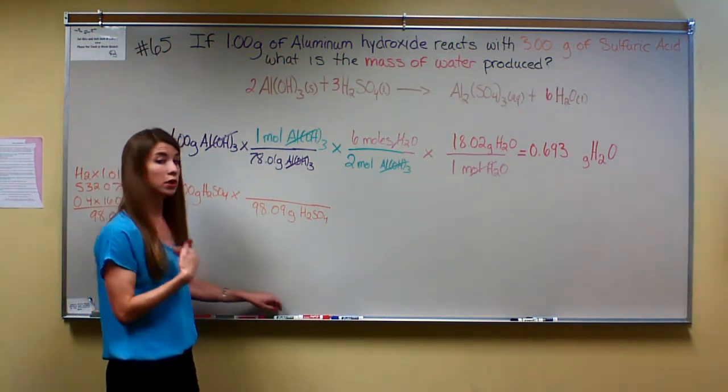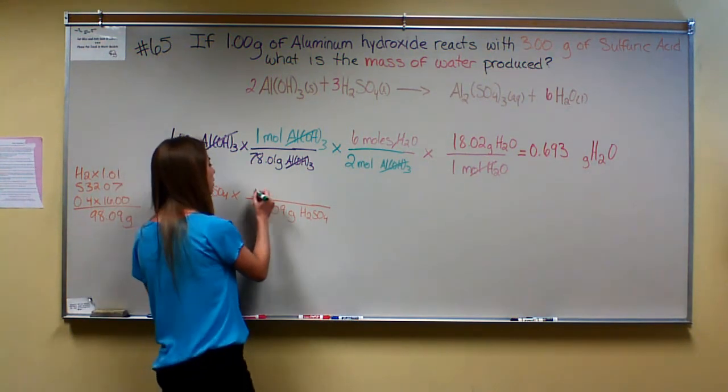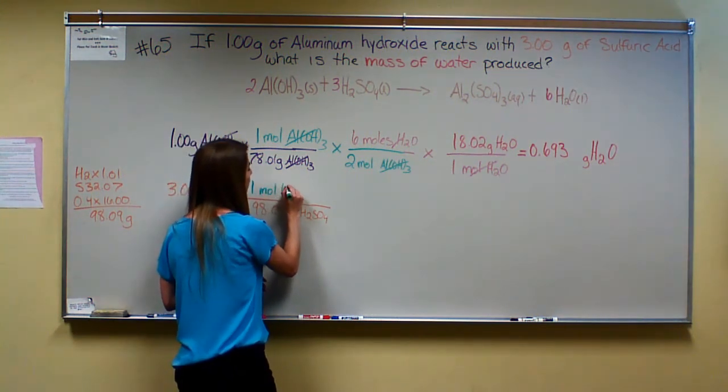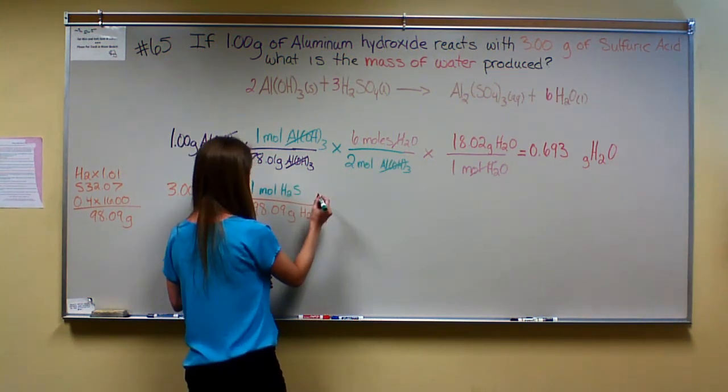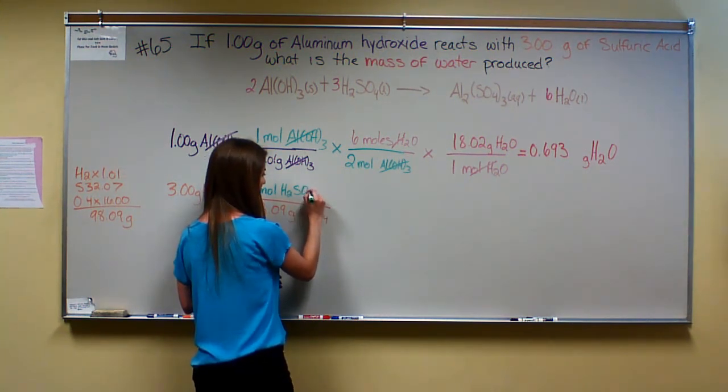Next, we want to go into moles of sulfuric acid. So we know that 1 mole of sulfuric acid is 98.09 grams.